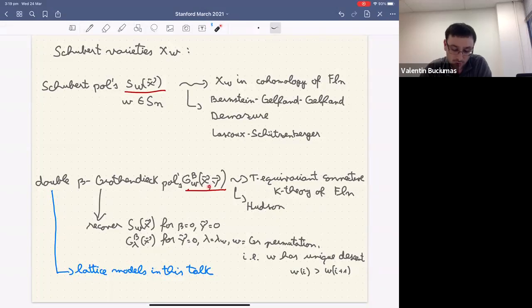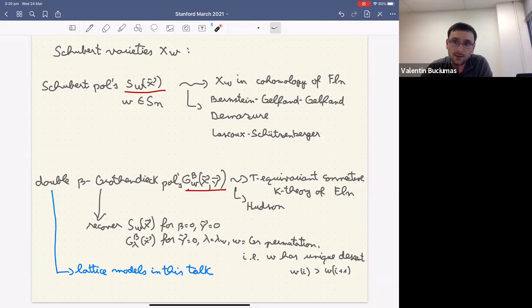And they're also double, meaning they'll depend on two alphabets, x and y. But these polynomials are pretty general in the sense that they recover both the Schubert polynomial by setting beta to 0 and forgetting about the second alphabet. And they also recover the previously defined Grothendieck polynomials, the ones which I named the Grassmannian Grothendieck polynomials.